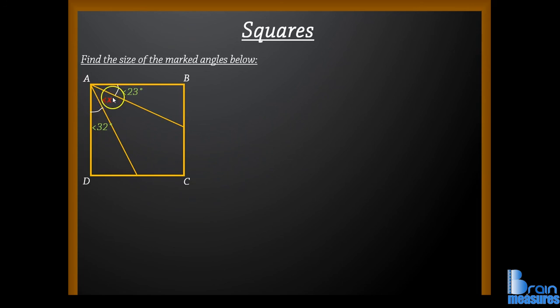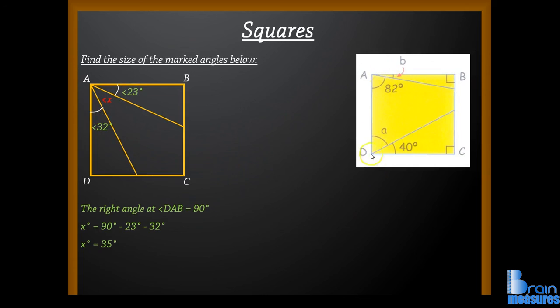We're going to call it angle X. We know that the angle BAD, the full angle, is 90 degrees. All you have to do is subtract the 23 and the 32 from 90. So when we do this, we get X equals 35 degrees.